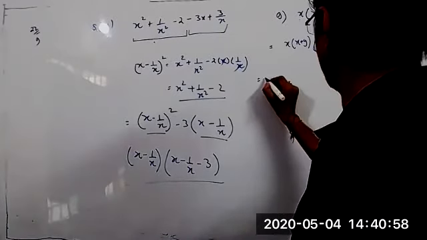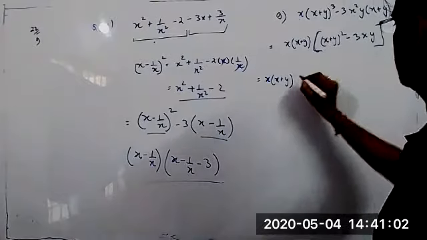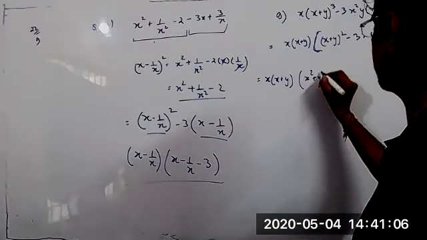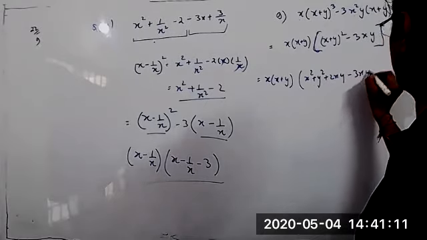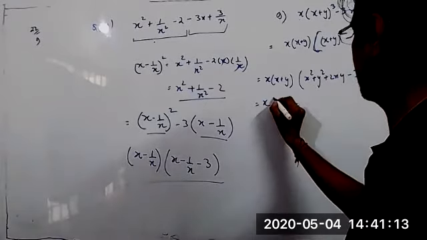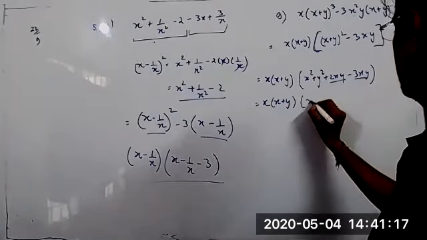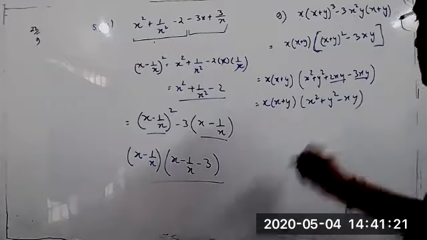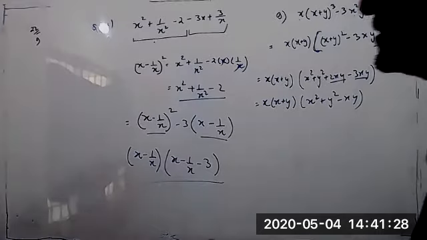Now x plus y, this, can you write it as x square plus y square plus 2xy minus 3xy? x plus y times x square plus y square minus xy, this is the answer. Yes, sir. Now next question is 20 seconds.